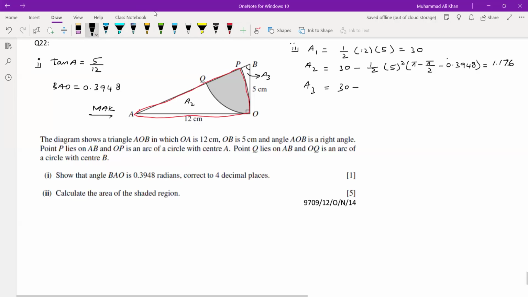So now it will be 30 minus half. What is the radius for the second? 12.